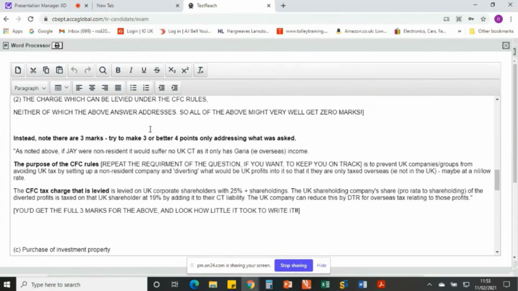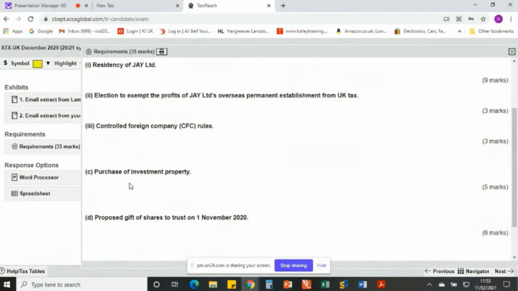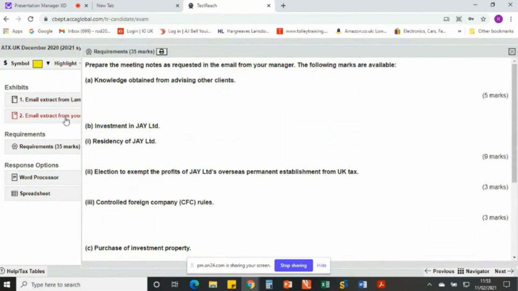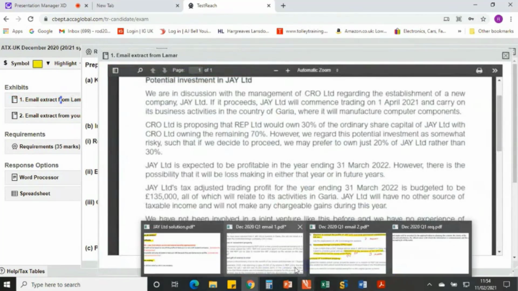Now let's go back to the question, because we've got other parts here, the purchase of the investment property. Let's go back to that, and we get this from, I shall go back to my spreadsheet here.